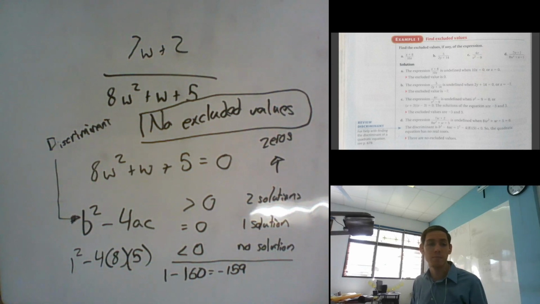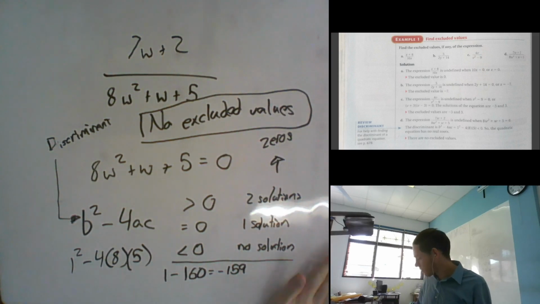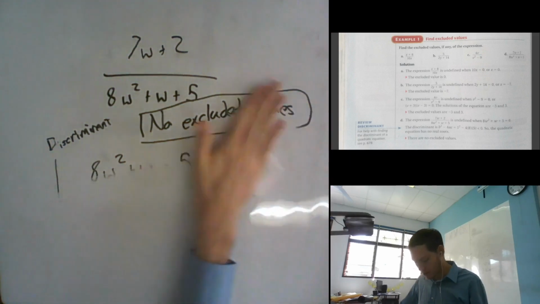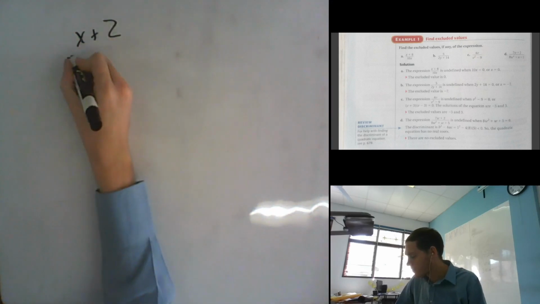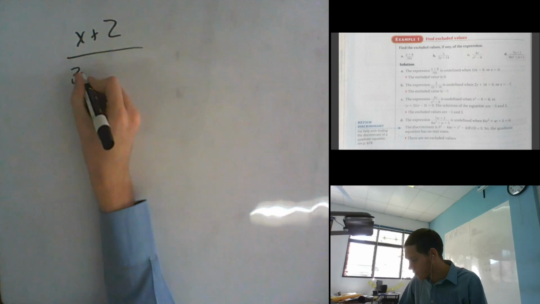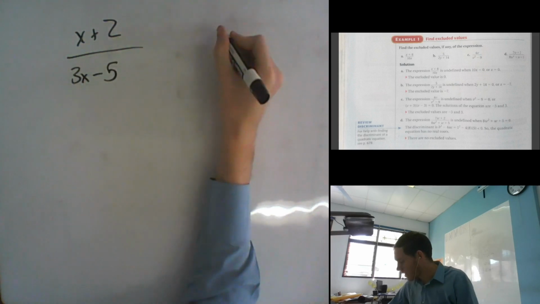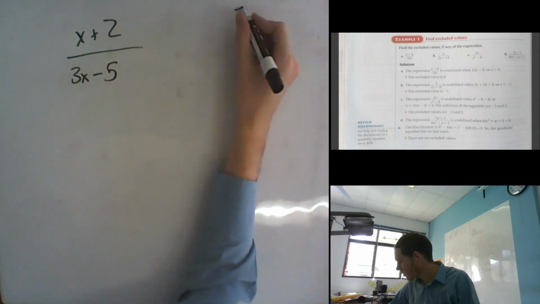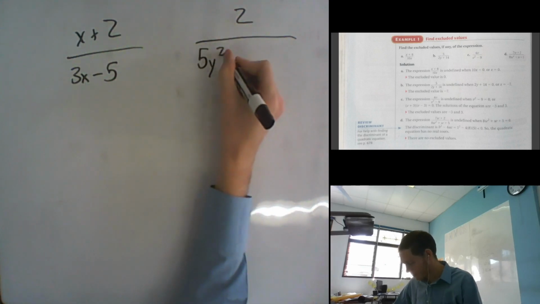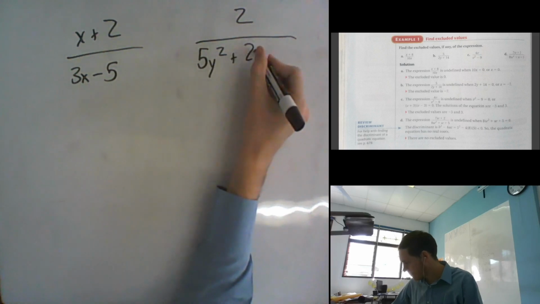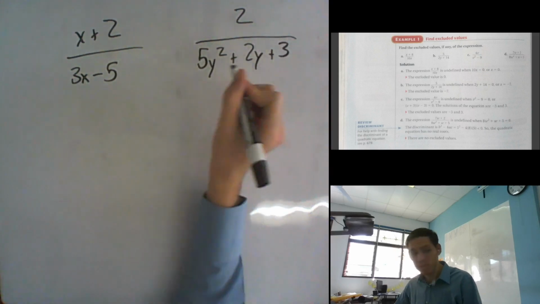Okay, let's work through a problem. What this will look like, okay? So we'll try one that has an excluded value. And then we'll try one where we have to use our discriminant. Okay.